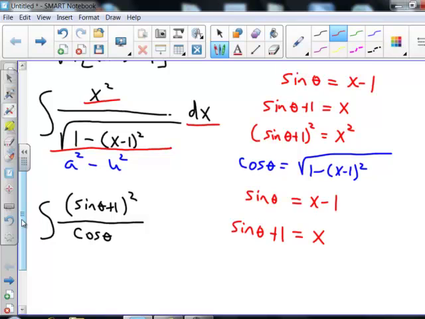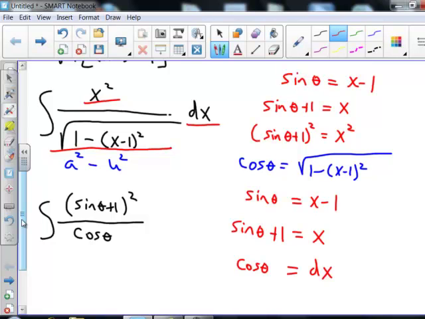So if I take the derivative of both sides, respectively, the derivative of sine theta plus 1 is cosine theta, and the derivative of x is 1, or you get dx. Okay, so I took d theta of both sides of that. So I end up with cosine theta on the left-hand side and then dx on the right-hand side. Derivative of x is 1, and derivative of sine theta is cosine theta. Use the variables respectively there.